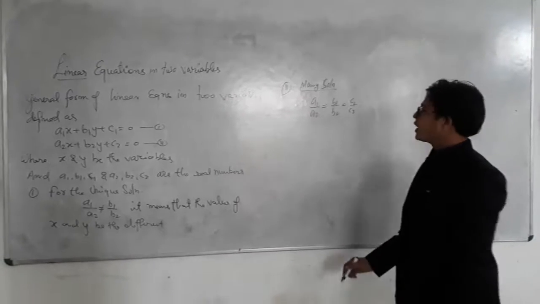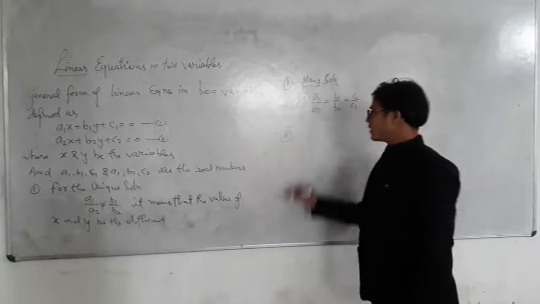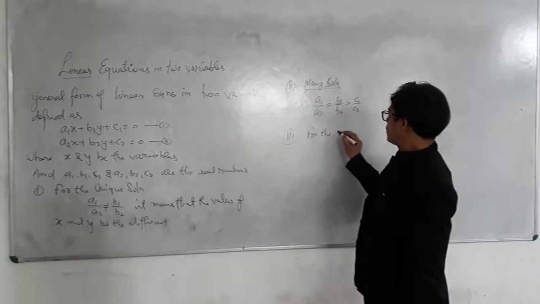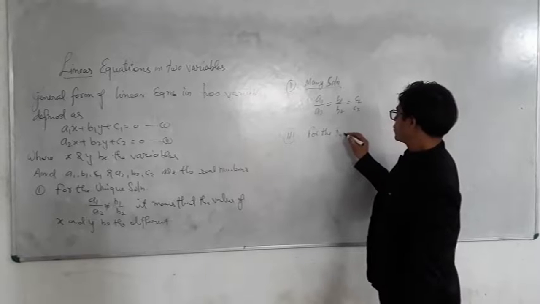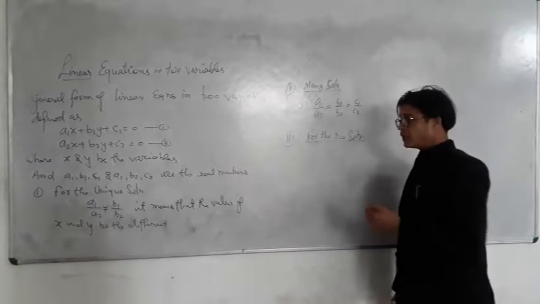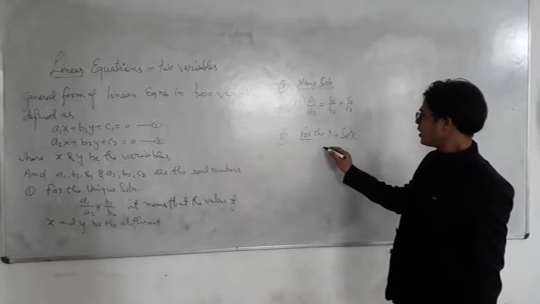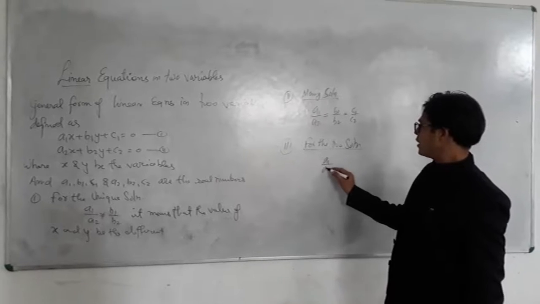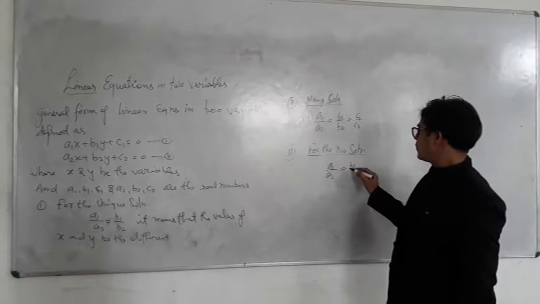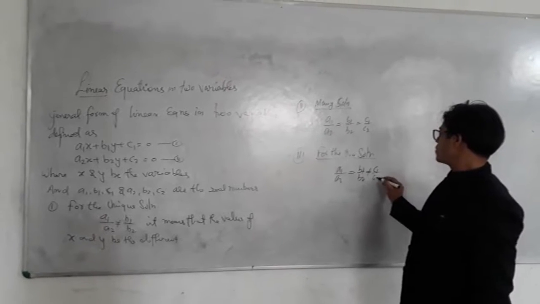And now third, the system has no solution. What will be the condition for no solution? Here a1 upon a2 is equal to b1 upon b2 is not equal to c1 upon c2.